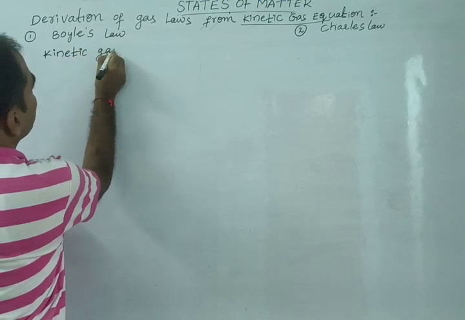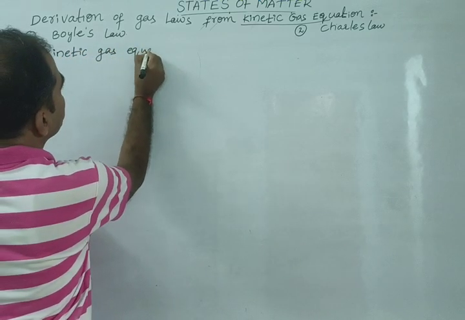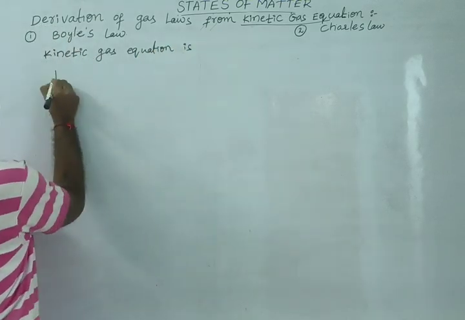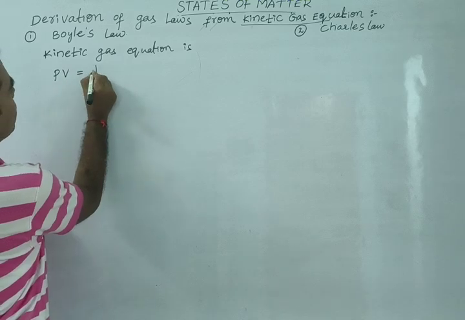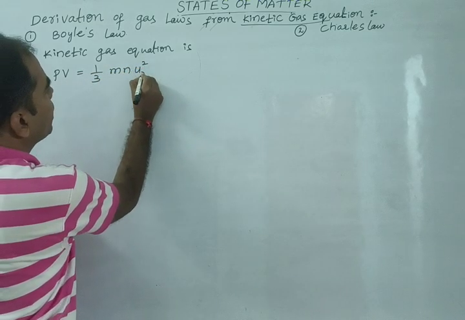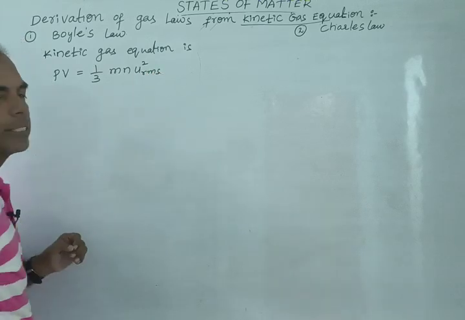The kinetic gas equation is PV equals 1 by 3 mn u square RMS.